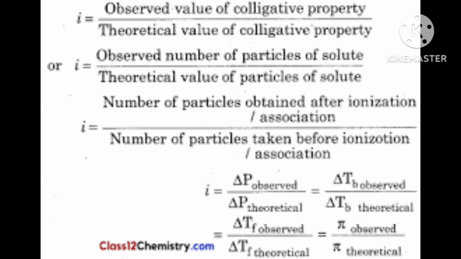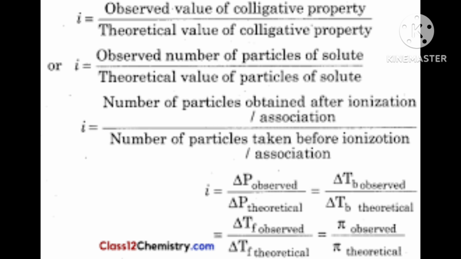It means in how many molecules are associating into one, or how one molecule gives how many ions or particles after dissociation, in that ratio it will increase or decrease. Correct?